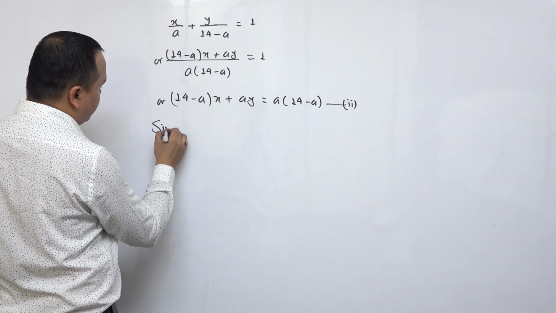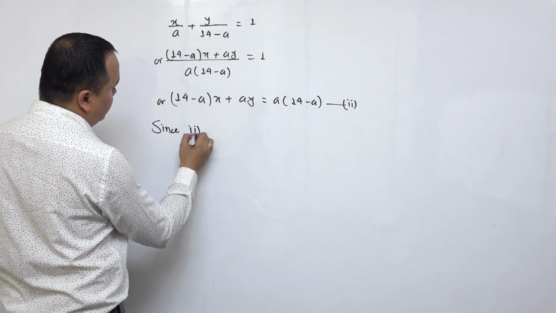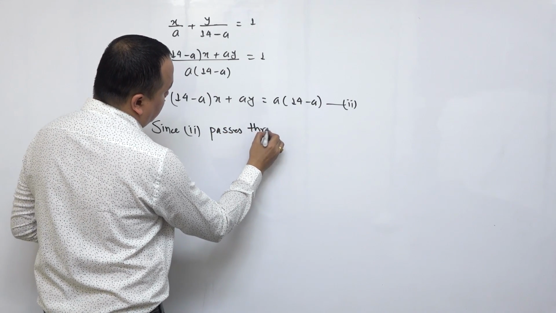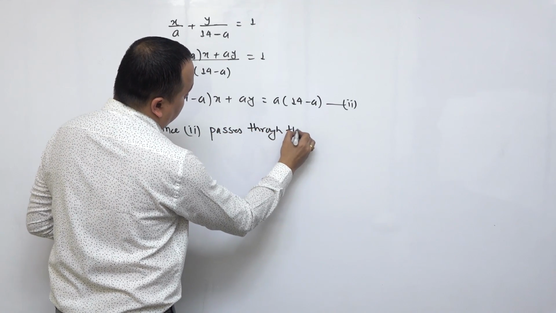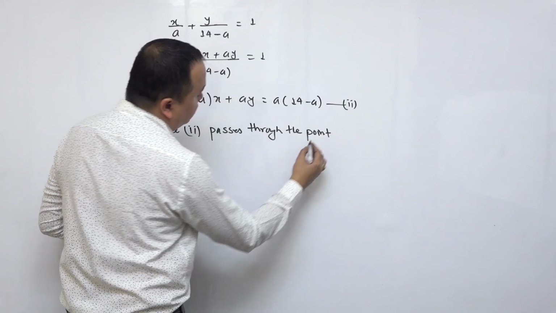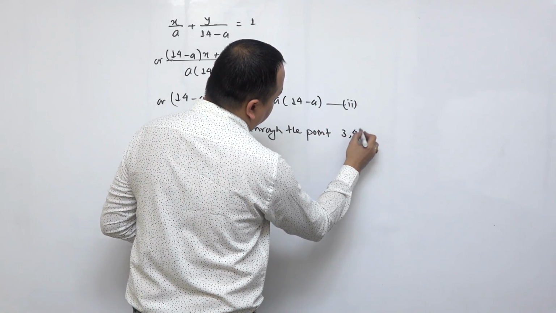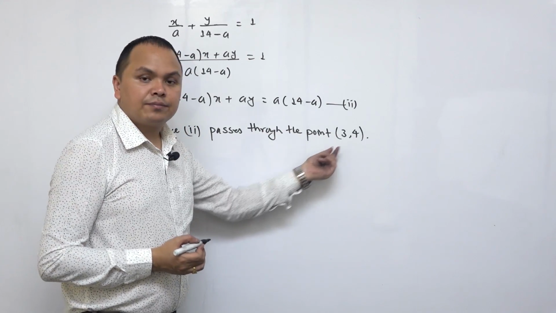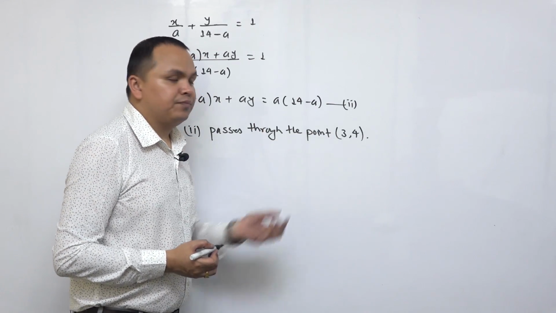Since II passes through the point 3, 4, put x is equal to 3 and y is equal to 4 in equation II.